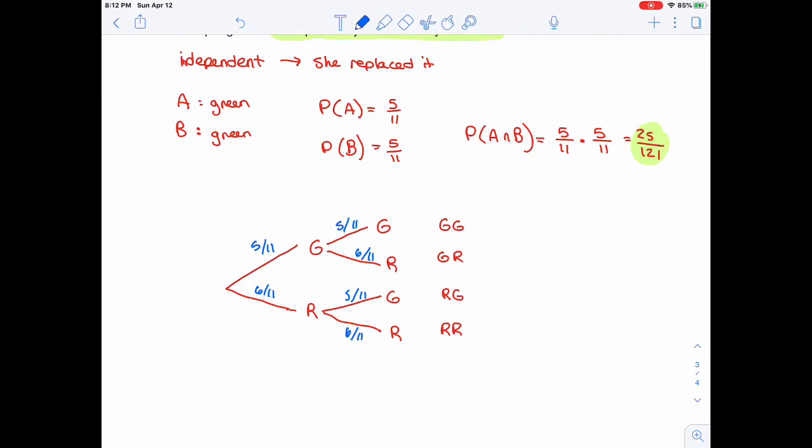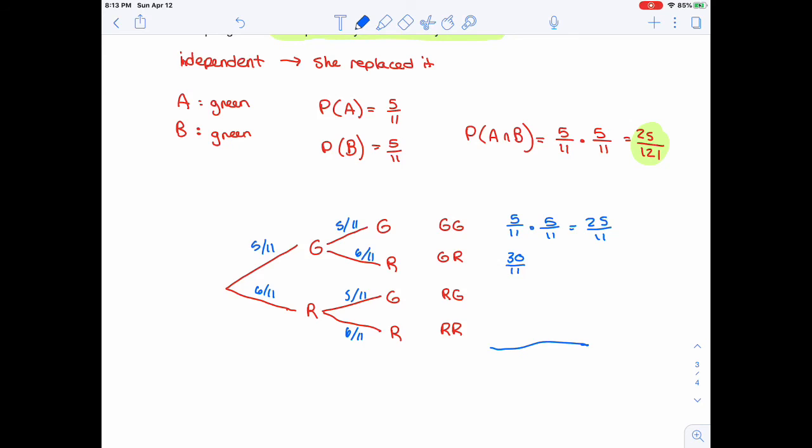So using that tree diagram, remember when we want to get our column over here, we just have to multiply down the branches. So green would have been 5/11 times 5/11, which is 25/121. Our green-red would have been 30/121 because we're doing 5/11 times 6/11.